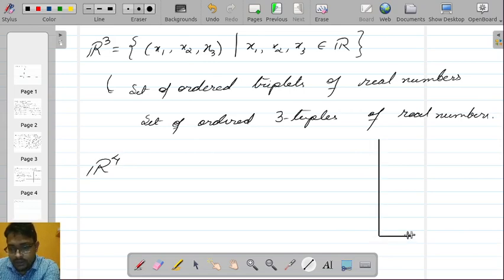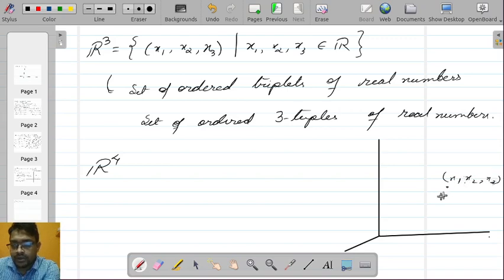Here R3 geometrically represents the three-dimensional space, where there are 3 coordinate axes, and any point in the space can be represented by 3 coordinates, x1, x2, x3.